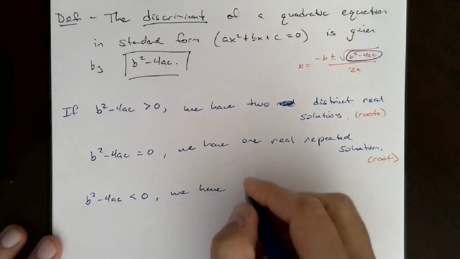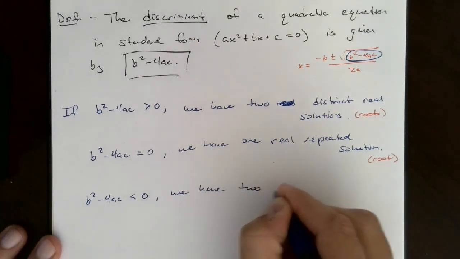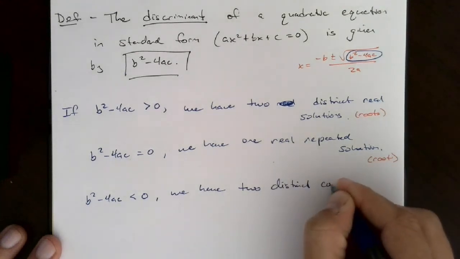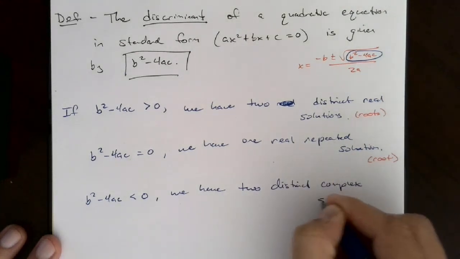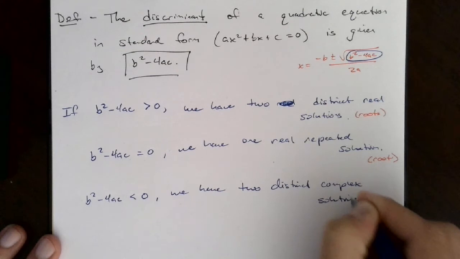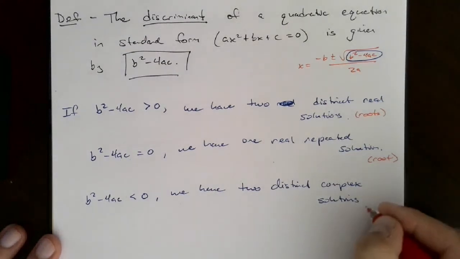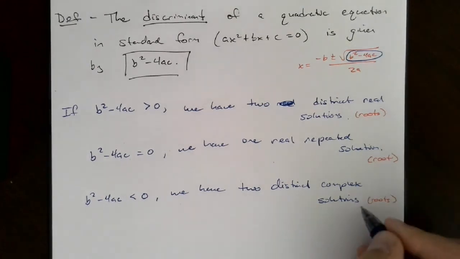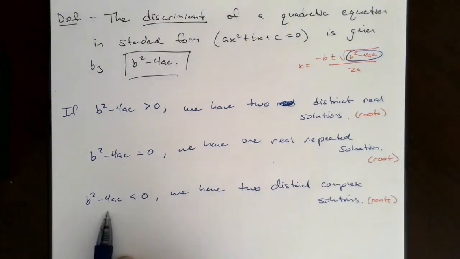So we have two distinct complex solutions, or roots. And that's because the part under the radical is negative.